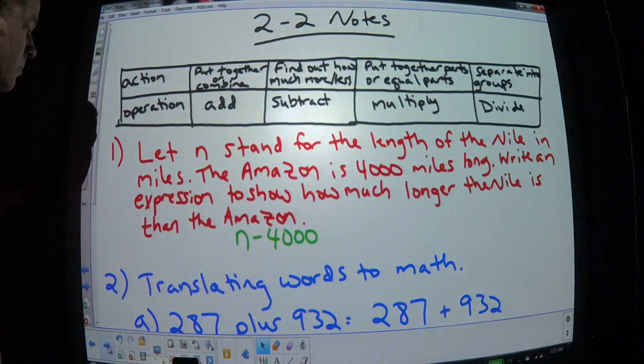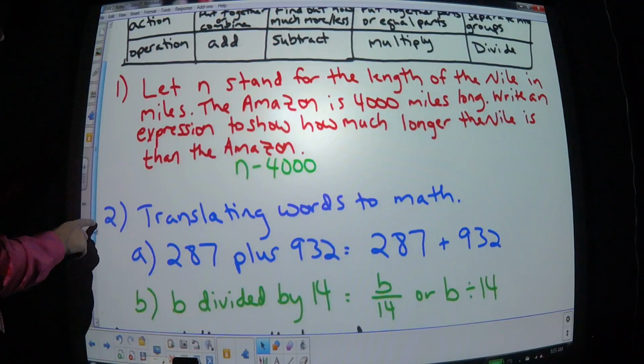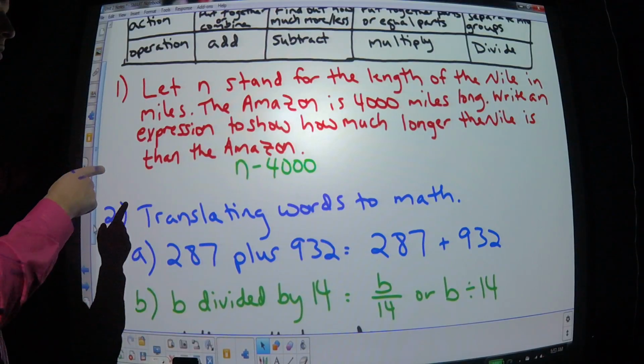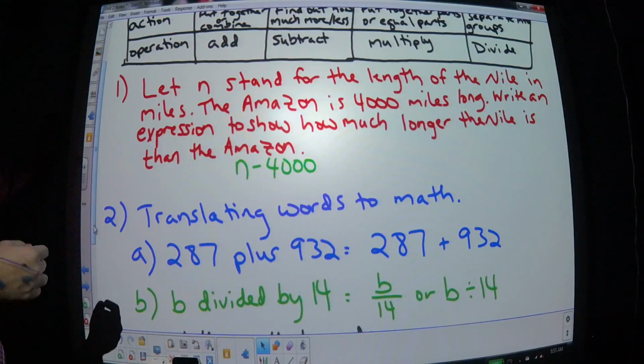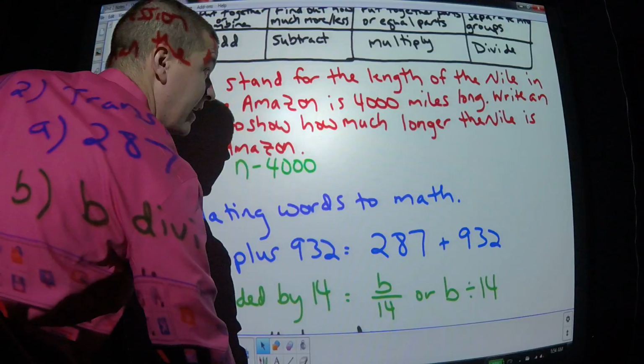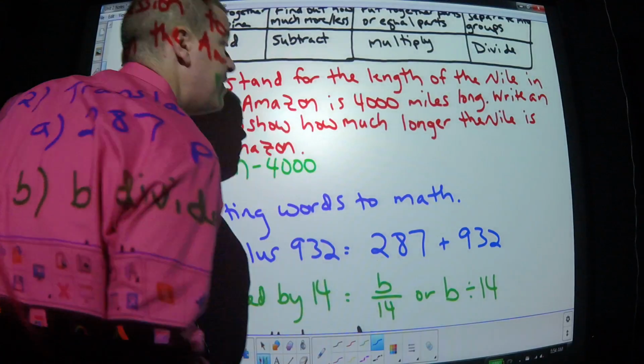Okay? For instance, on number 1 it says, let N stand for the length of the Nile in miles. The Amazon is 4,000 miles long. Write an expression to show how much longer the Nile is than Amazon. So first, we want to go ahead and identify a few key things.